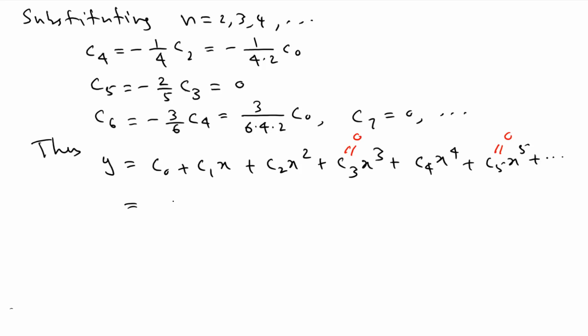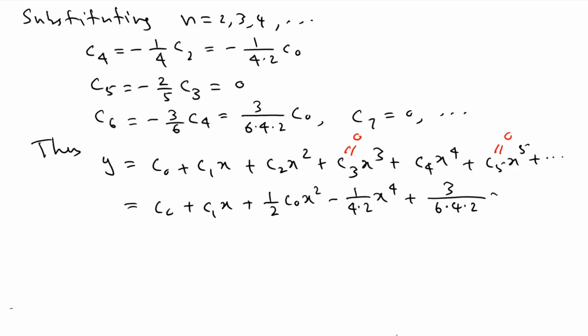Let's write it. Then you're going to get c0 plus c1x. c2 is 1/2 c0 x squared, and then c4 is 1/(4 times 2) x to the 4th, and then c6 is 3/(6 times 4 times 2) x to the 6th, like that.